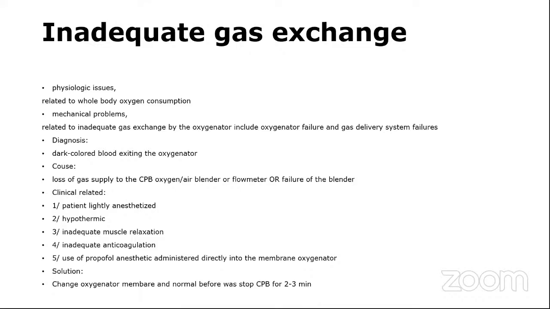And propofol, which some anesthetists give during bypass, is not recommended, as propofol is oil based, and that will directly affect the membrane oxygenator and occlude the pores in the membrane.